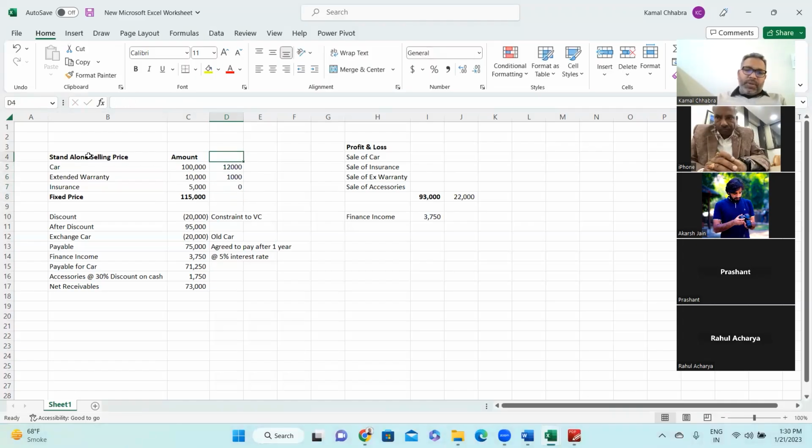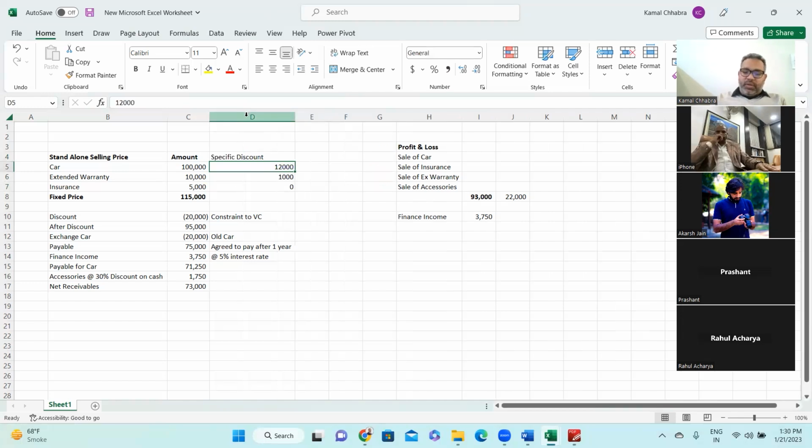So first is the specific discount that you need to reduce. The specific discount is not part of your bundle discount. So this will be your standalone selling price, SSP.